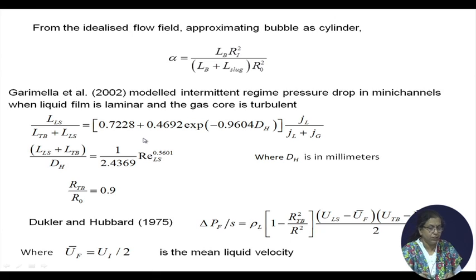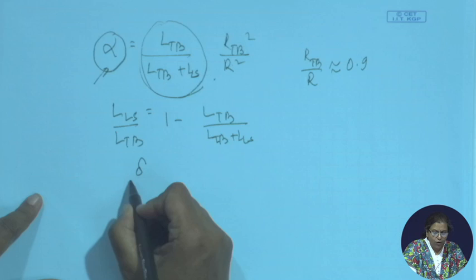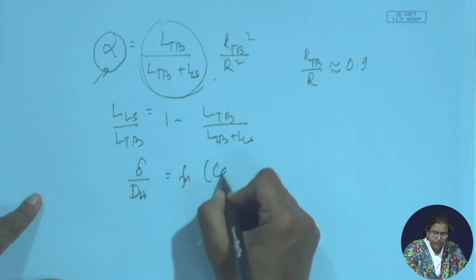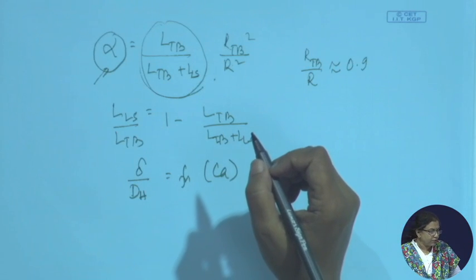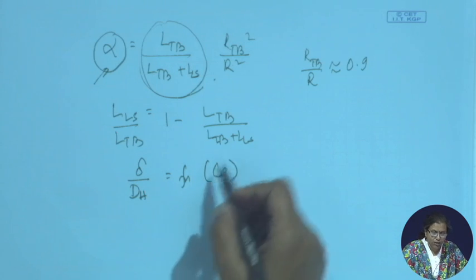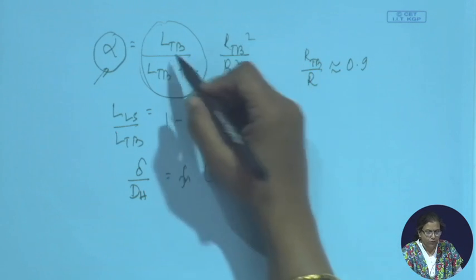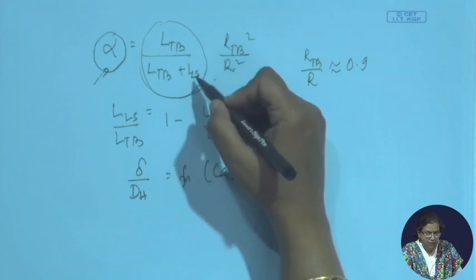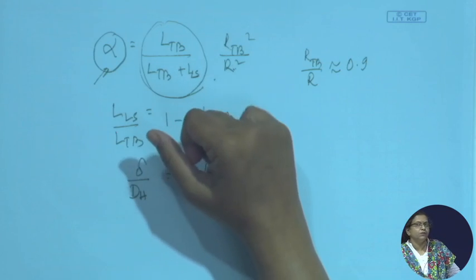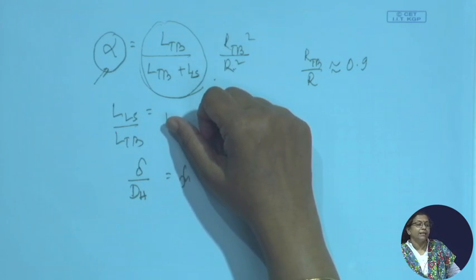And the other thing which I would also like to mention is that we can either assume this RTB by R equals 0.9, or there are several correlations available for the liquid film thickness in terms of the hydraulic diameter as a function of capillary number. Such correlations can also be adopted, and they can also be used to find out RTB by R square, from which the relative length of the Taylor bubble and the liquid slug region can be obtained. So, therefore, this is one particular model which we use for the slug flow pattern.